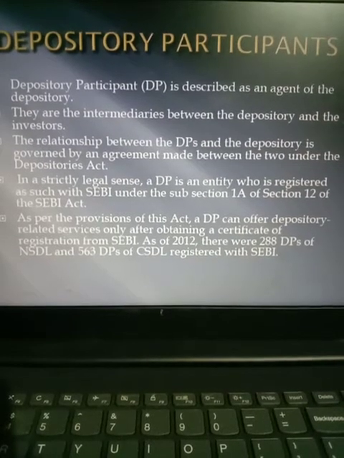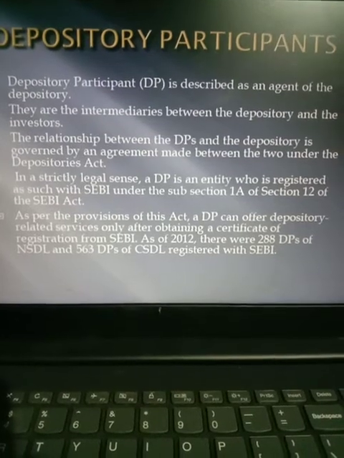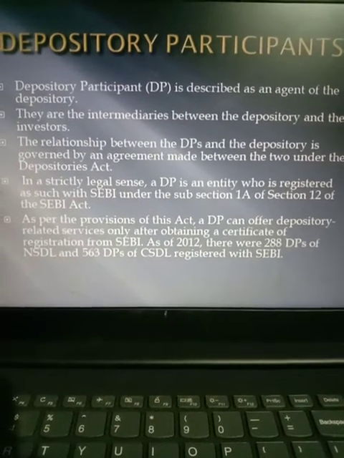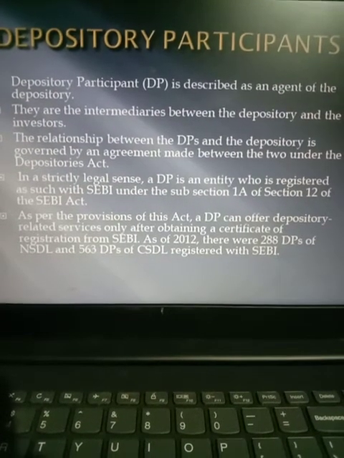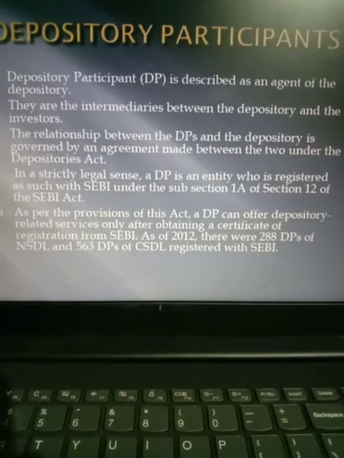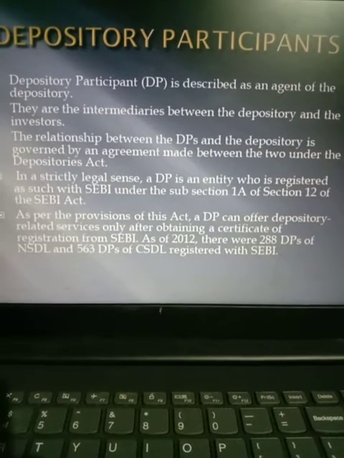Their rules, regulations, their work, their limits, everything is there in that Depositories Act.